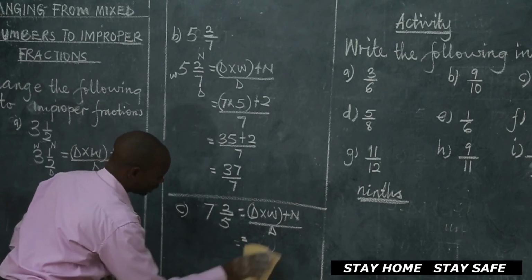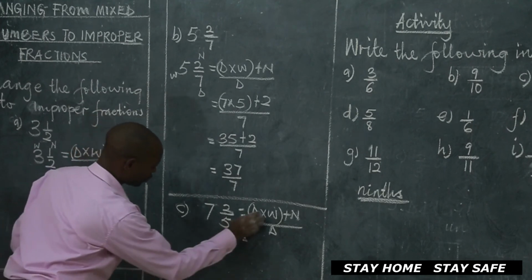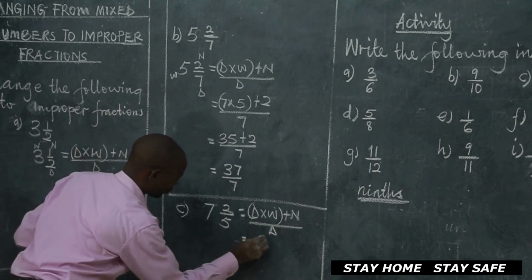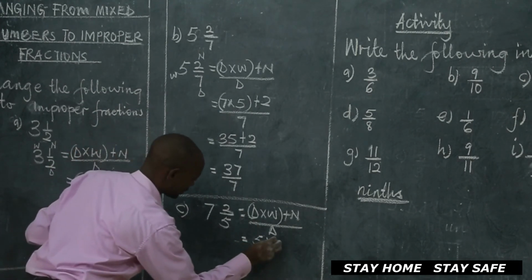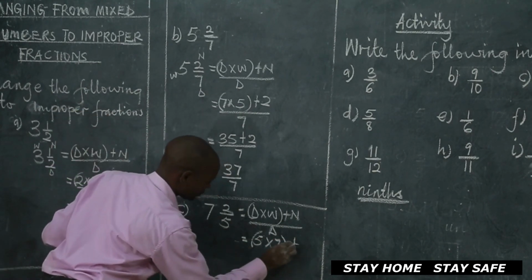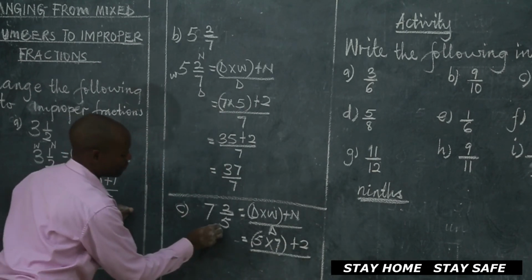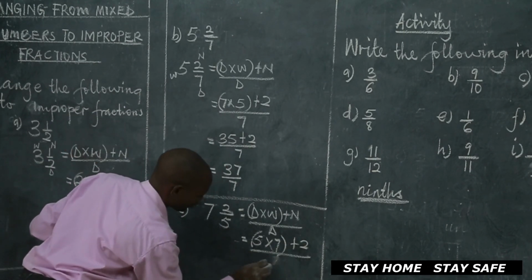Then we substitute in. Which one is the denominator? 5. Multiply by the whole number, 7. Then we add on 2. Everything should be divided by the denominator, which is 5.